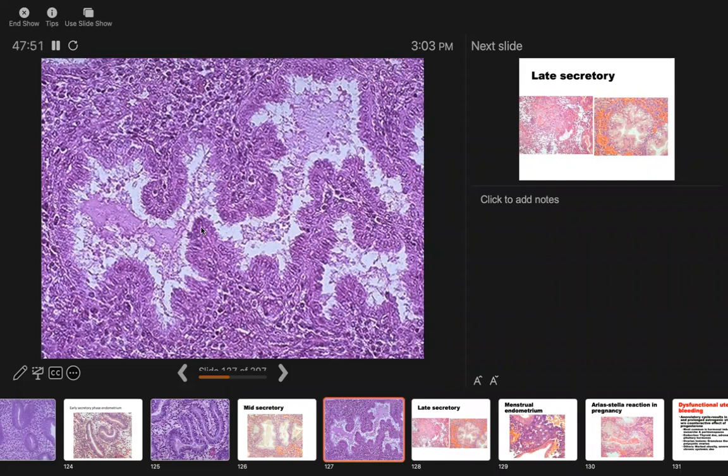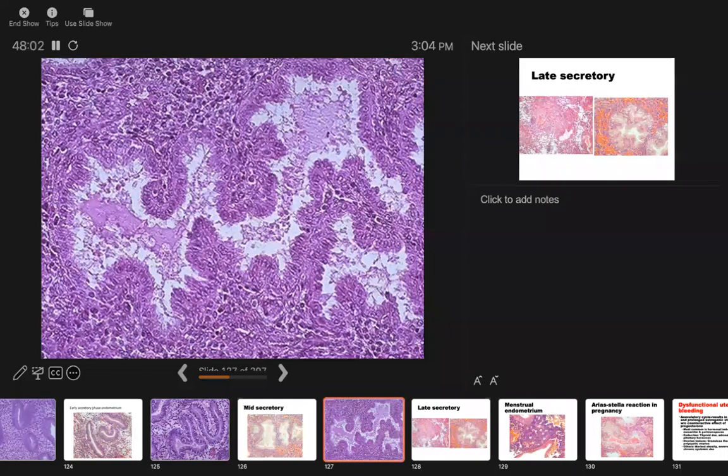Now, what is happening in the ovary? Let's talk a little about that. The ovary is supposed to have progesterone when you are in the secretory phase, but when the corpus luteum dissolutes, the progesterone level goes down.